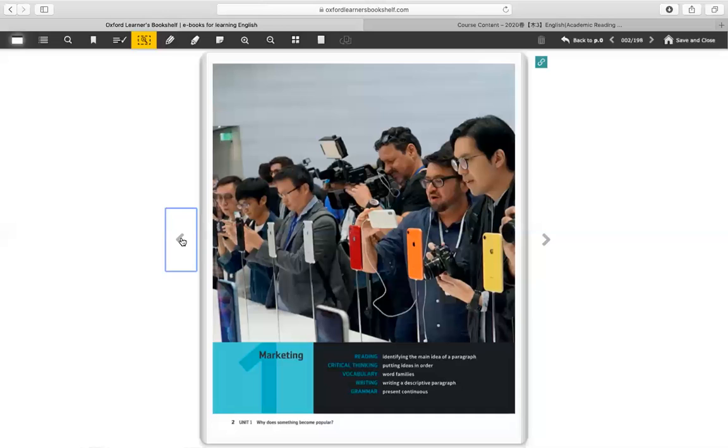Okay. Probably you can see a lot of iPhones there. So probably they are at an Apple product launching program. And probably they are journalists, maybe photographers and journalists. So you can think about that.